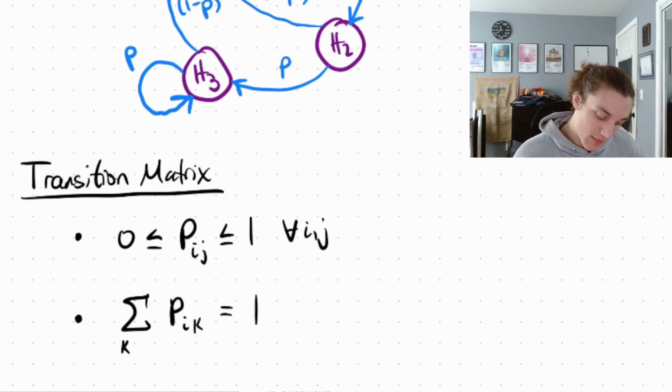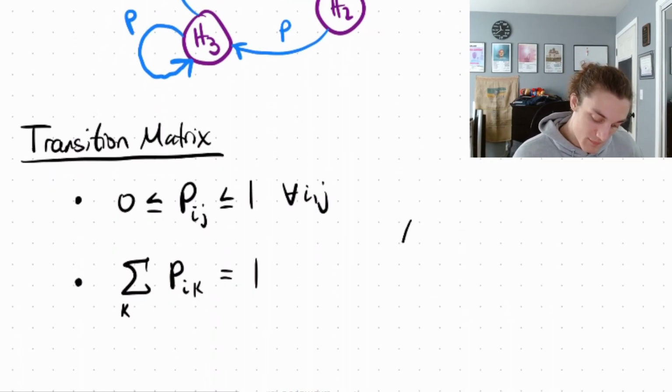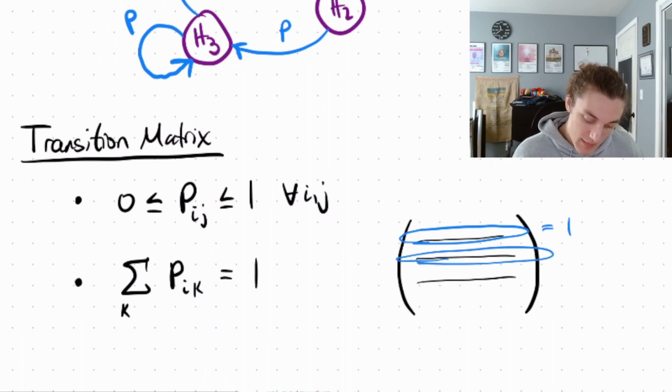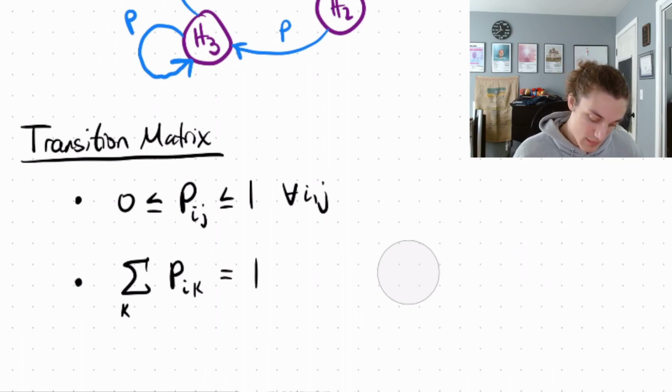That is, think about a matrix like this, and we have row, row, row. We're summing across the rows, and this has to be 1. We sum across this row, this has to be 1, and so on. Okay? So those are some properties of the transition matrix.